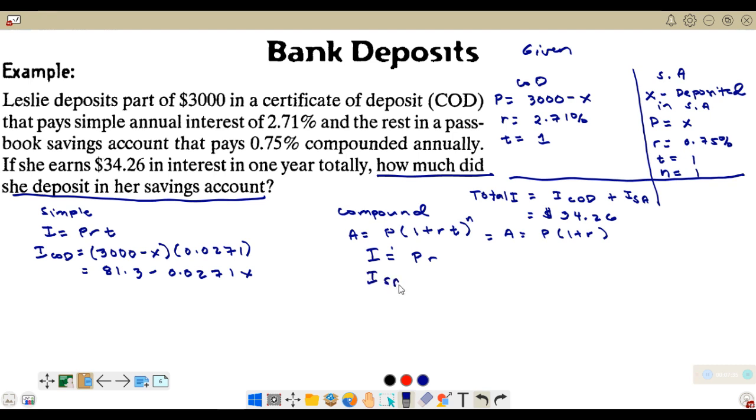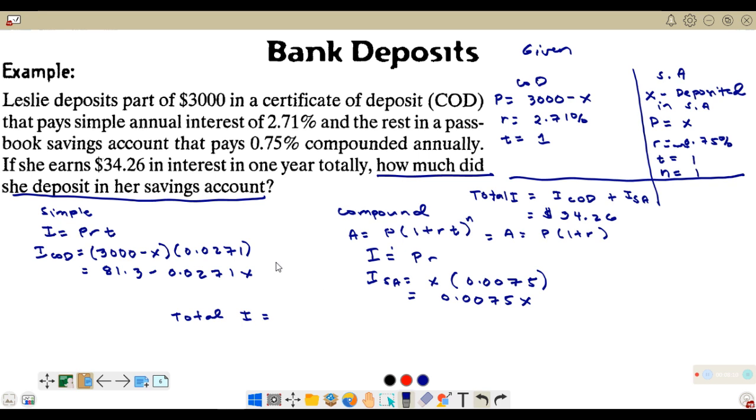So, ang interest ni savings account is the amount deposited, that is X, times the compounding interest, which is 0.0075. Ayan. Or that is 0.0075x.